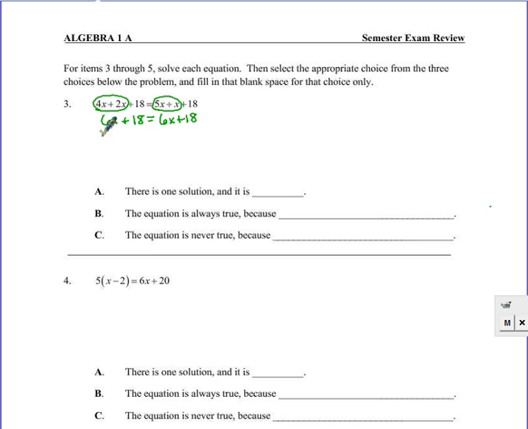Well, I can stop here because I see I have the same exact equation. So this answer will always be true because both sides are identical, or the same.